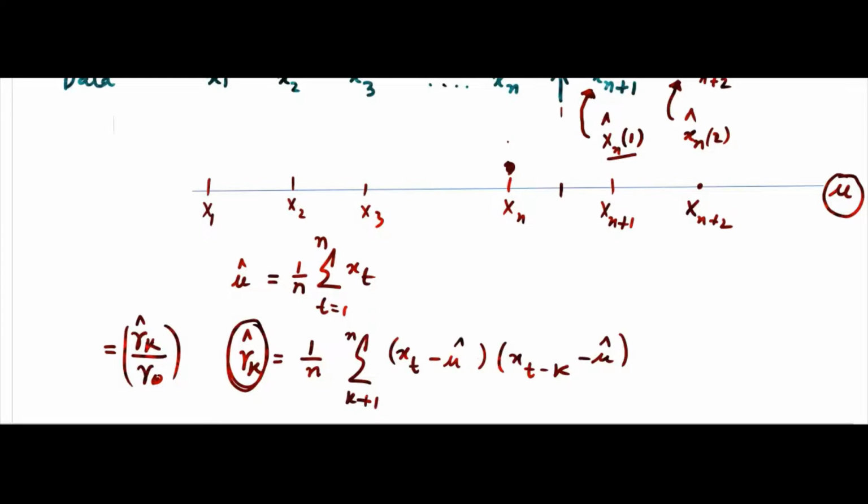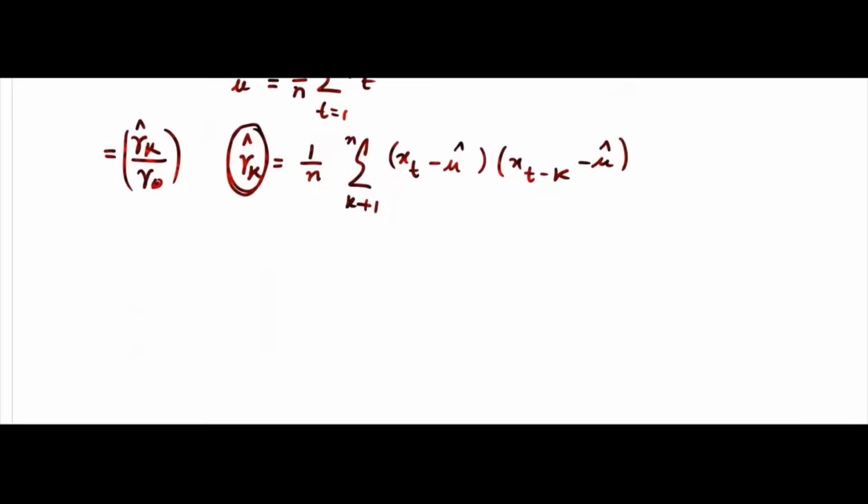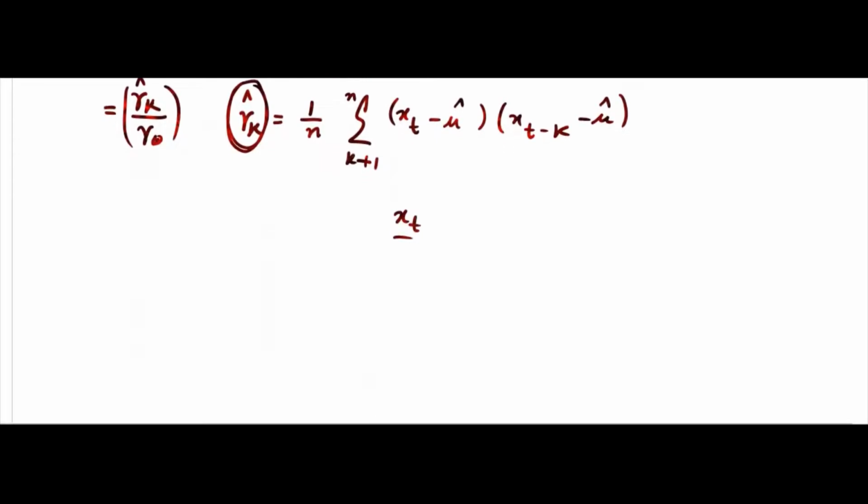If I want it in tabular form, let me write the time series xt values here this way: x1, x2, x3, x4, x5. I will write xt minus 1 here. That means this will be x0, then comes x1, then comes x2.